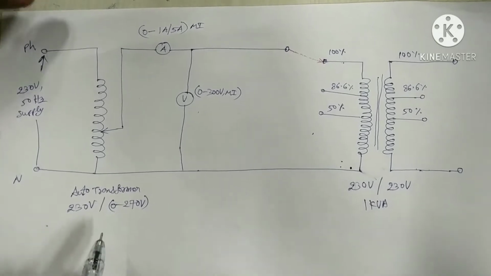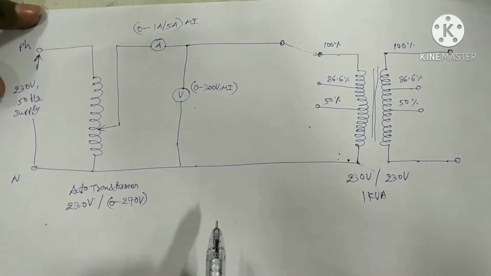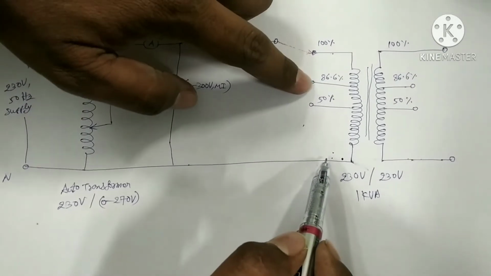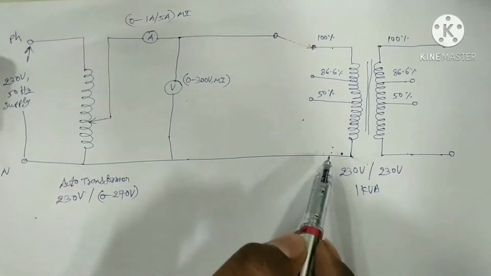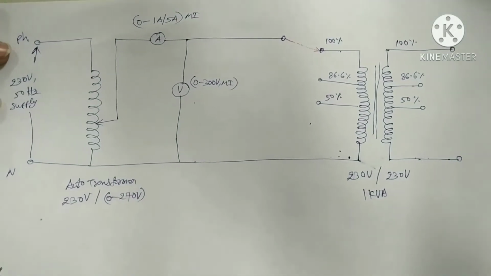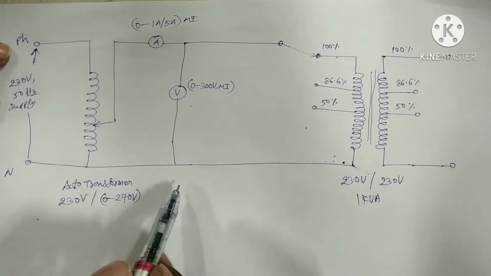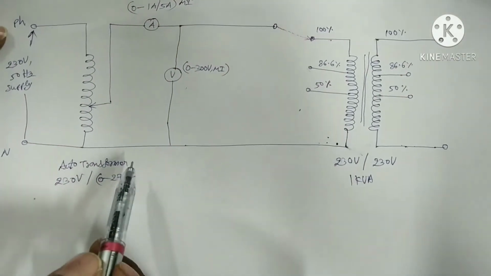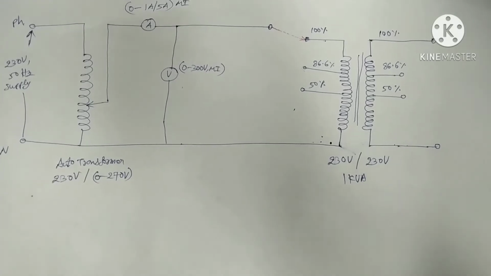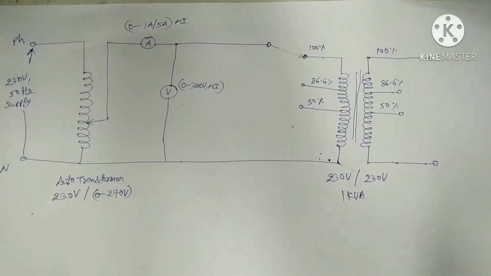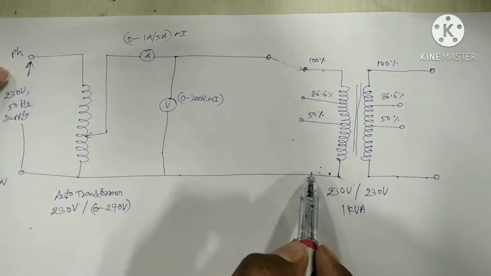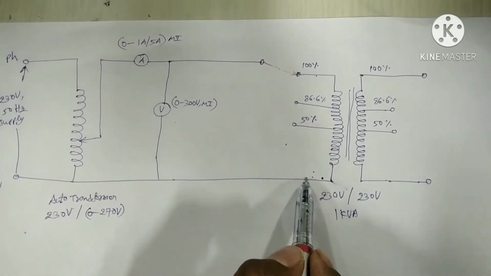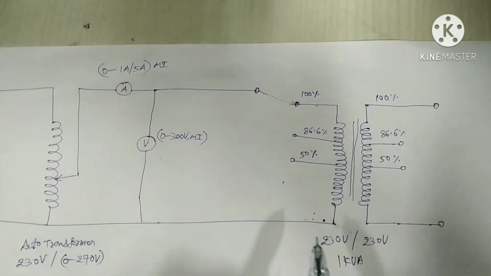Then again we have to connect the circuit for 86% turns in the primary winding of the transformer. After connecting the circuit for 86% turns, we have to apply the rated voltage across the primary winding of the transformer.